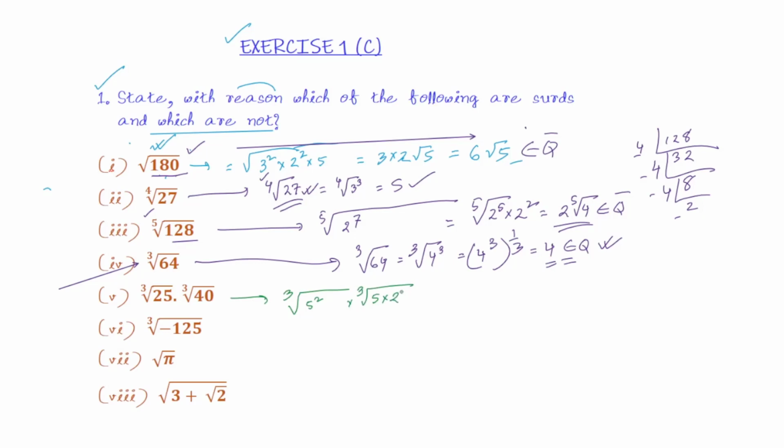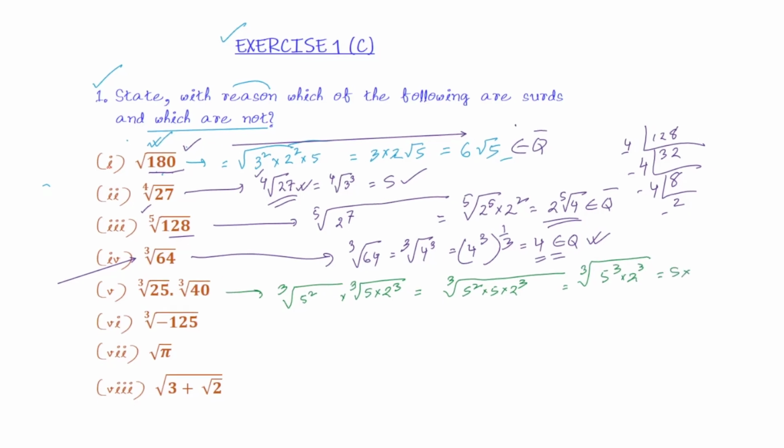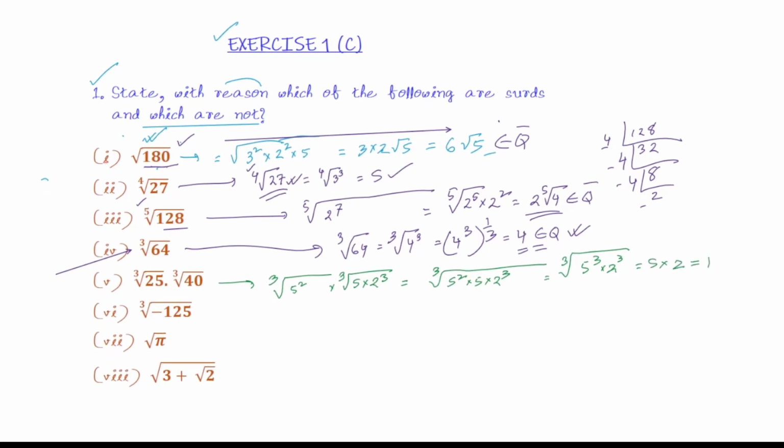So 8 is equal to 2 cube, and this is equal to cube root of 5 squared multiplied by 5 multiplied by 2 cube, and this is equal to cube root of 5 cube multiplied by 2 cube, and this is equal to 5 multiplied by 2 is equal to 10. So this is a rational number. So if this value is rational, this cannot be a surd.